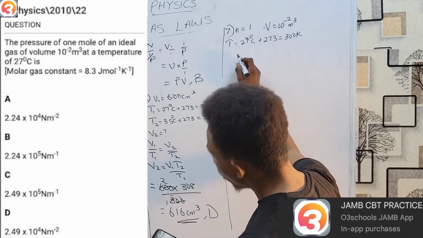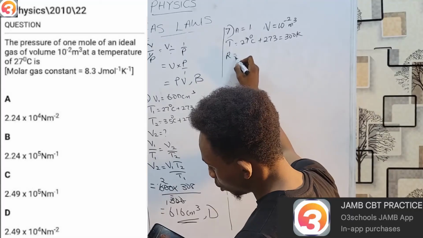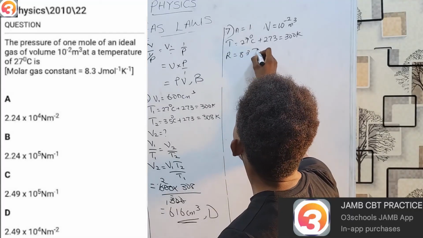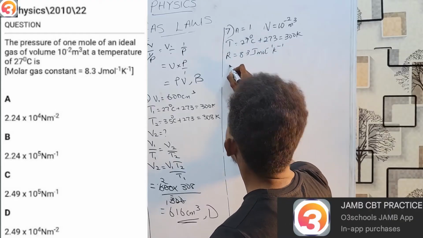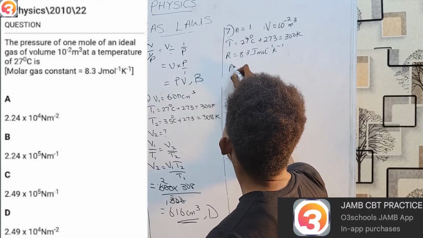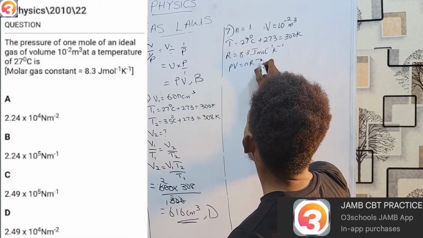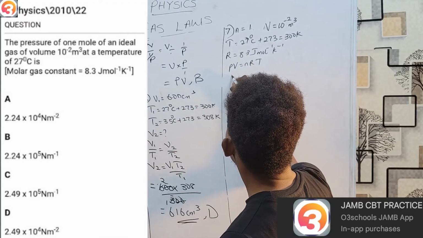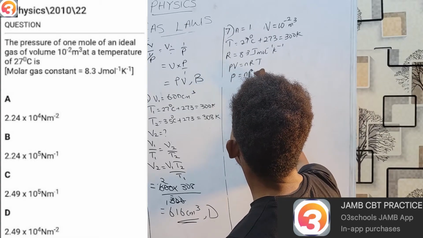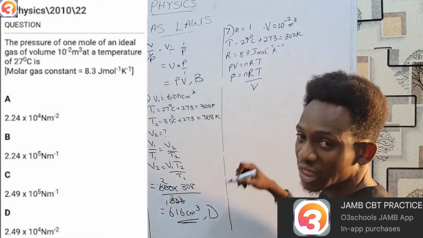Then as usual, we're told molar gas constant R equals 8.3 joules per mole per Kelvin. So we want to find the pressure. PV equals nRT, and just like we did right here, because it's almost the same thing, P equals nRT over V.